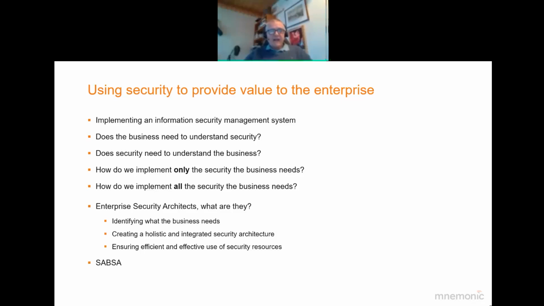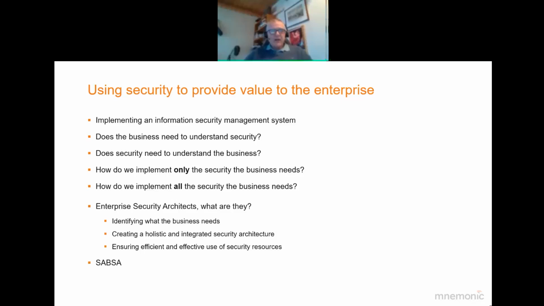And my answer to that is yes, they do. At least they need to understand the criticality of the enterprise information that's being processed and the level of security that's required. If we could achieve these two requirements, we could ensure that the security we implement is only what the enterprise needs, but is all the security the business needs.